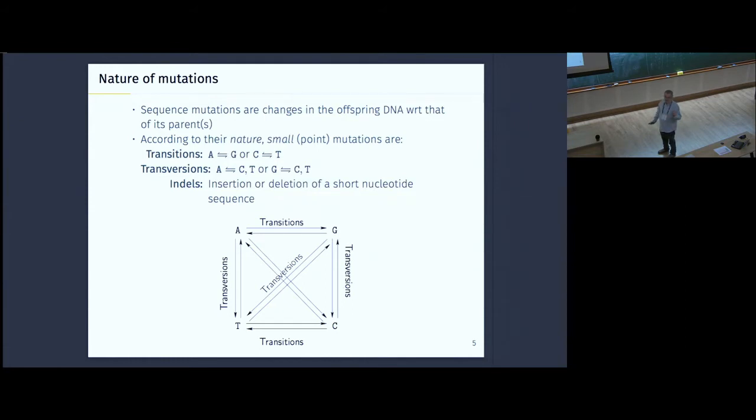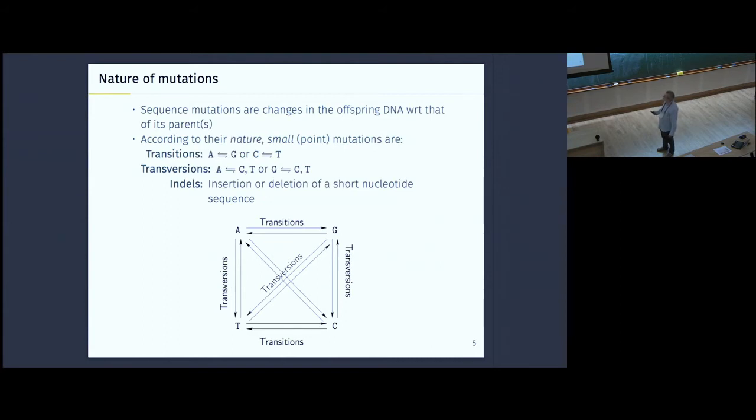And then, according to the nature of the change, these point mutations can be described as transitions or transversions. You know that the nucleotides are of 2 kinds: purines and pyrimidines. I never remember which is which, but I think that these are purines and these are pyrimidines.